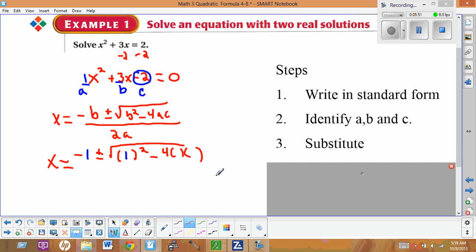In this case, a is 1, c is negative 2, and this is all divided by 2 times a.